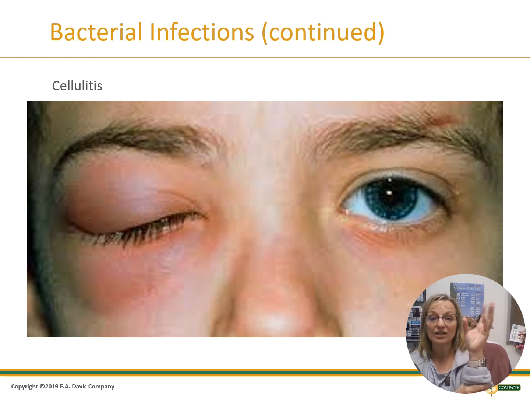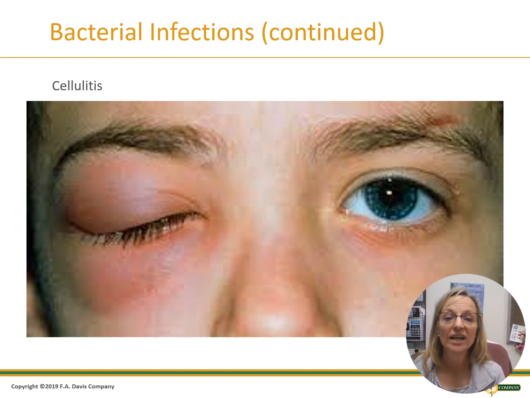So distally, make sure that you're still getting good perfusion down distal to that. To check your perfusion, you're going to do your cap refill, you're going to do your blanching. Is it warm? Is it cold? What color is it? You're going to do a strict I&O on these patients.